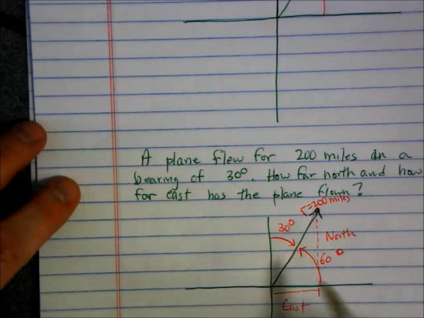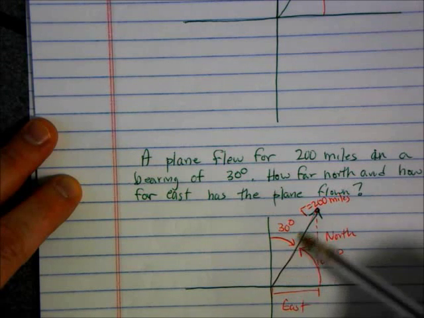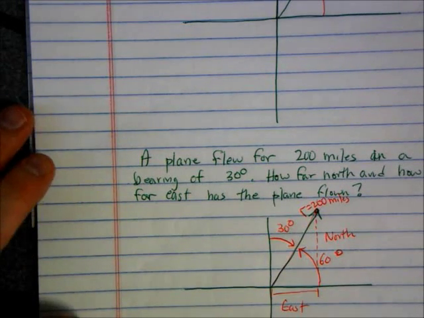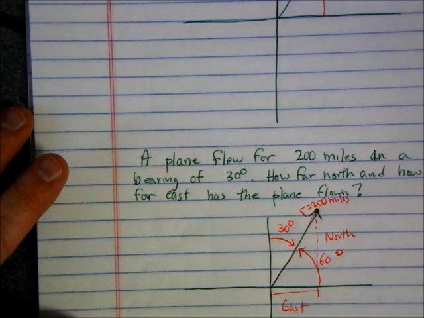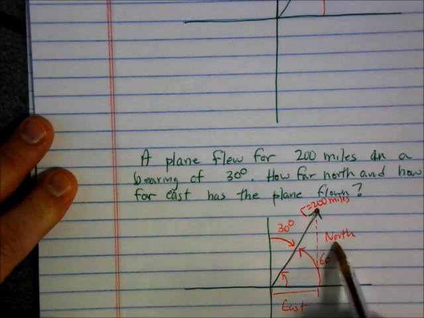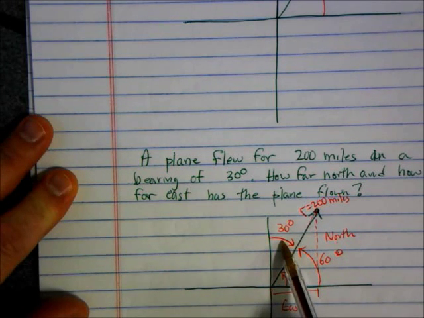So if I know my angle is 60 degrees and I know my radius is 200 miles, how am I going to find my north? I have this angle. North is the opposite, and 200 is the hypotenuse.